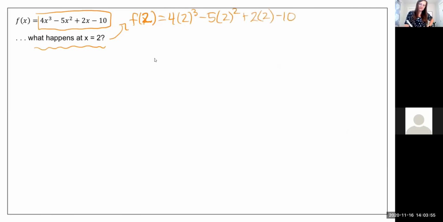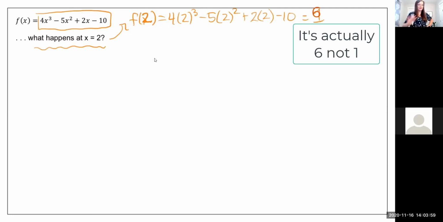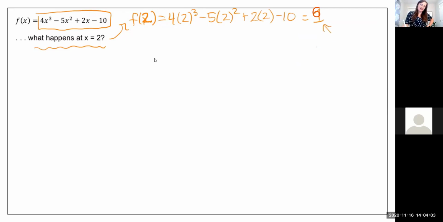All this means is that at 2, it's going to be a 1. I identified that by the graph, but you could calculate it. It means x minus 2 won't be a zero factor, but I can still run this process and figure out the remainder upon division by x minus 2.